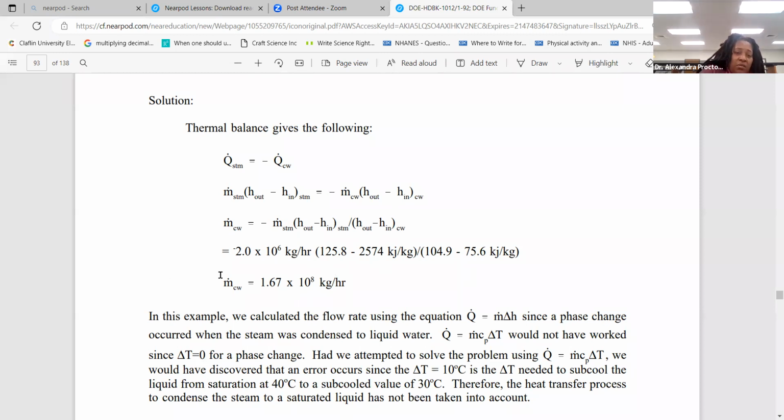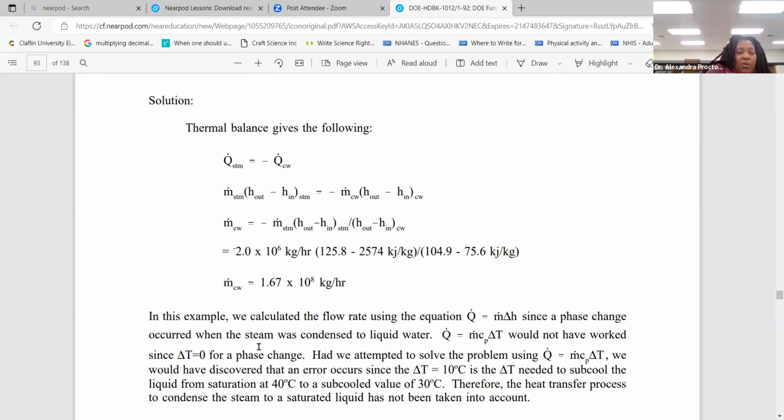Okay, so negative 2 times 10 to the 6 kilograms per hour times 125.8 minus 2,574 kJ per kg, divided by 104.9 minus 75.6. And so this M CW is equal to 1.67 times 10 to the 8 kg per hour.